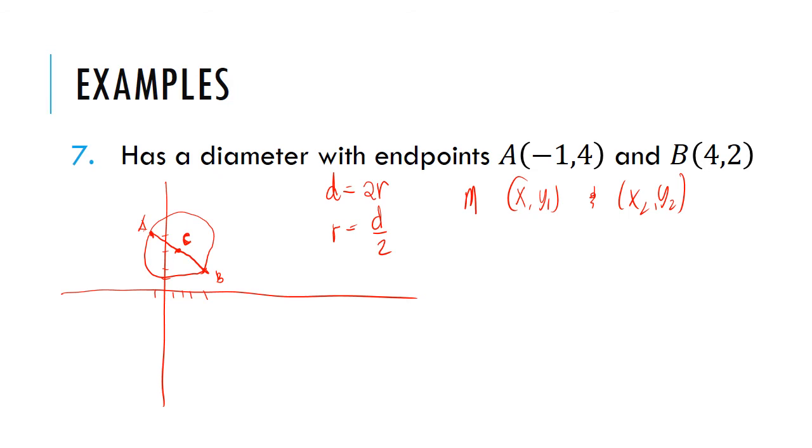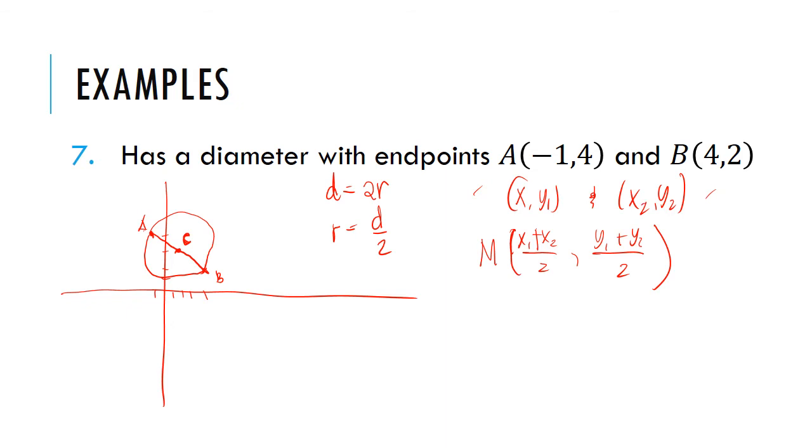So the coordinate is (x1 plus x2) over 2, then (y1 plus y2) over 2. This is the coordinate of the midpoint of a line segment with endpoints (x1, y1) and (x2, y2).